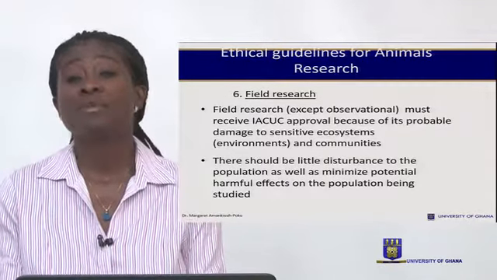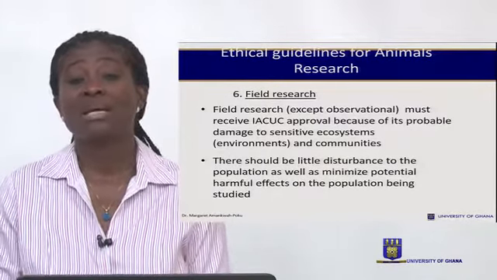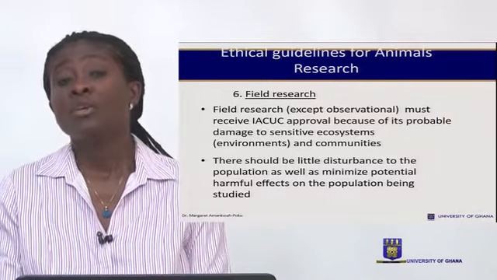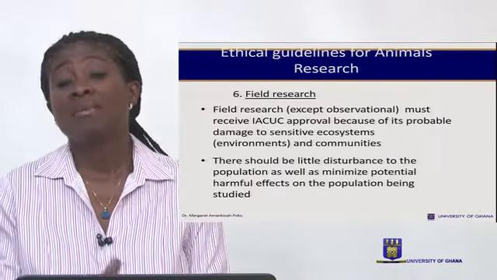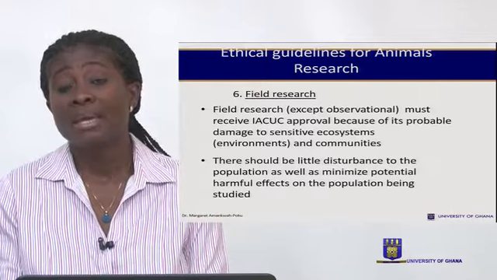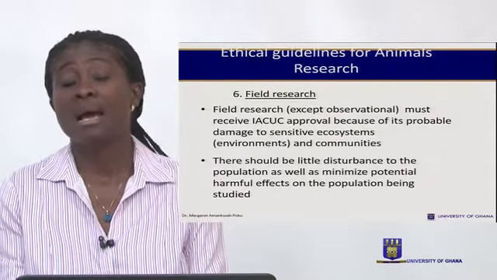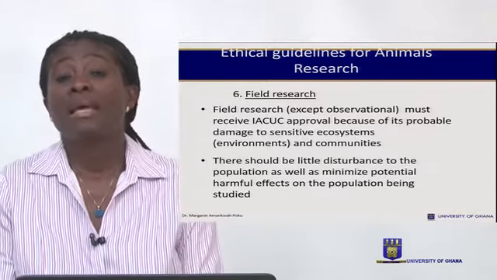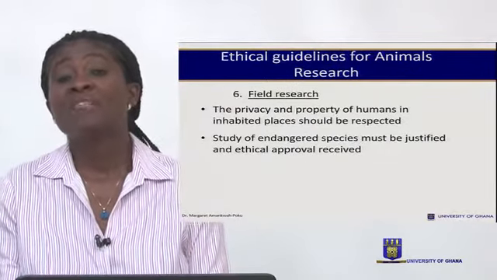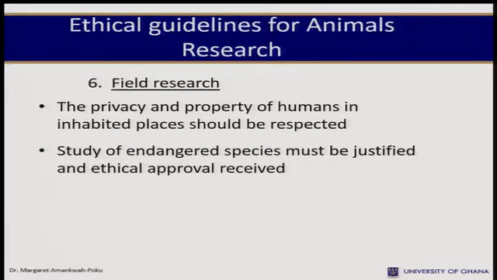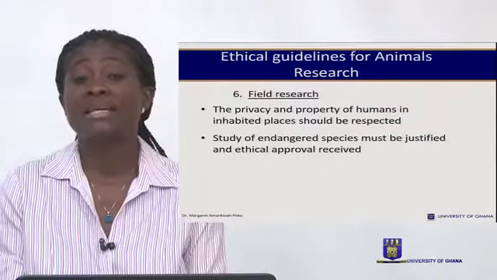So in terms of whatever species you are studying, you have to make sure that whatever observations you are making doesn't affect the other animal population that are around. Then again, the privacy and property of humans in the habitat where you are doing the observations should also be respected and protected as well.